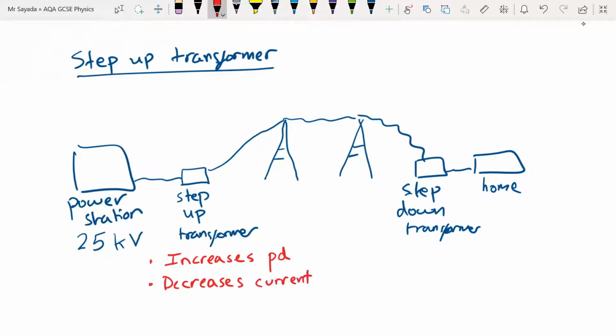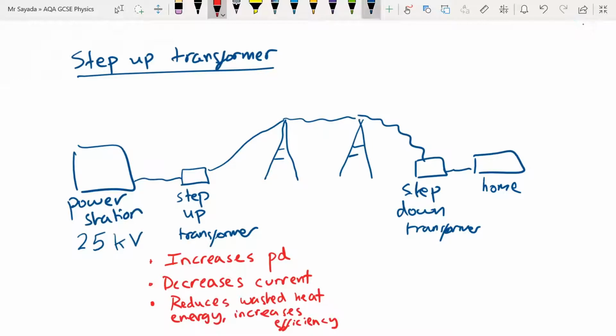And by decreasing the current, as we've discussed, that reduces the thermal energy transfer, so it reduces the wasted heat energy, which increases efficiency. So that's just a little summary of what the step-up transformer does. But we need to focus on this increasing potential difference, decreasing the current.